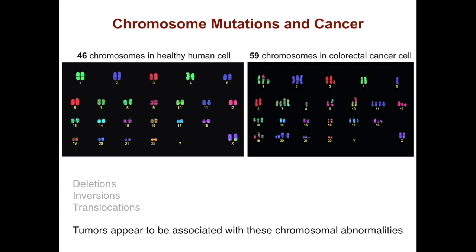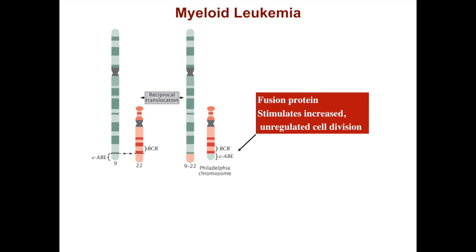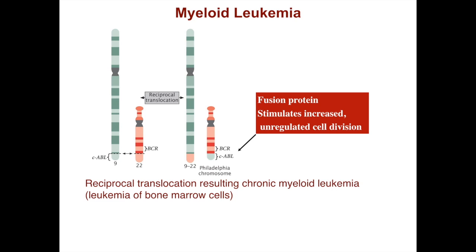Tumors appear to be associated with these chromosomal abnormalities. For example, myeloid leukemia is caused by a reciprocal translocation, resulting in a leukemia of bone marrow cells. The fusion protein that is caused by the translocation fuses the BCR gene with c-Abl, and this stimulates increased unregulated cell division.